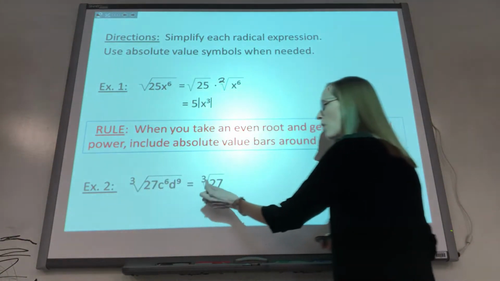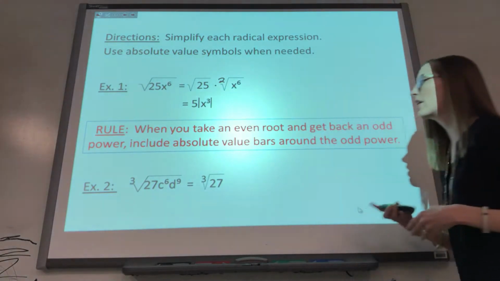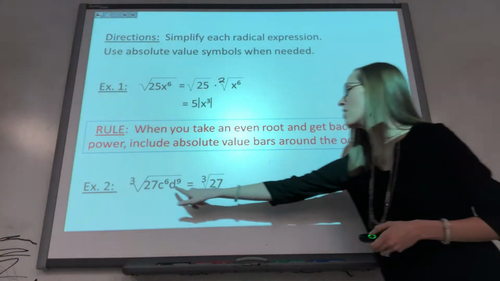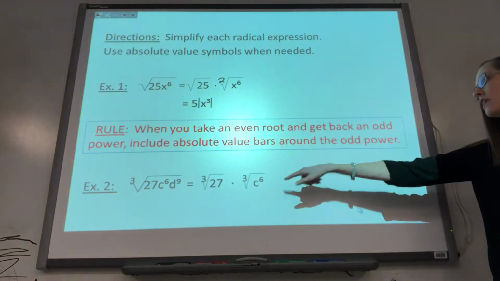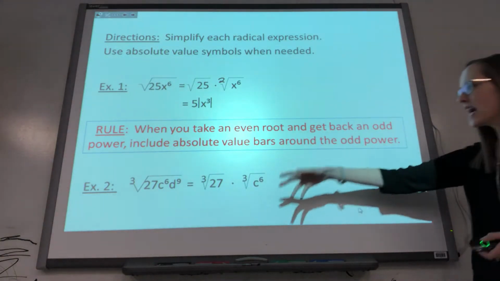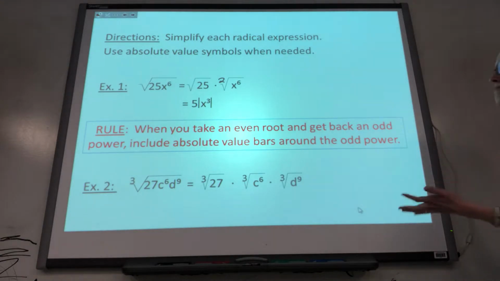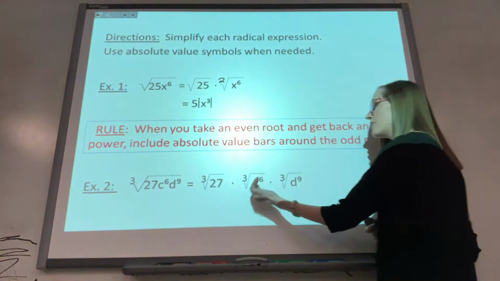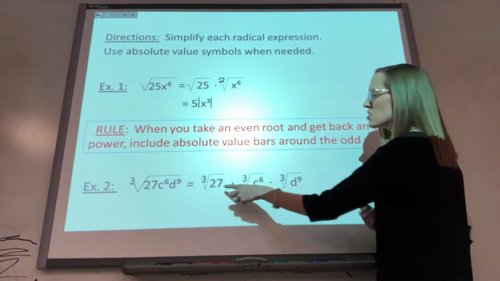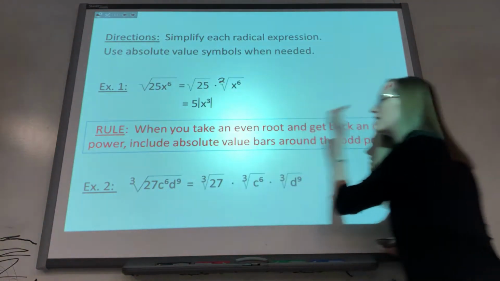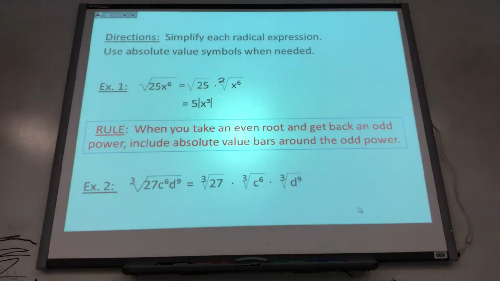But I know some of you can probably just use your calculator to help you with this. Cube root of 27, we can work on that part first. Then we'll have the cube root of c to the 6th times the cube root of d to the 9th. You may not always have to write those steps out, but I'm just showing you that we're working on each term separately.